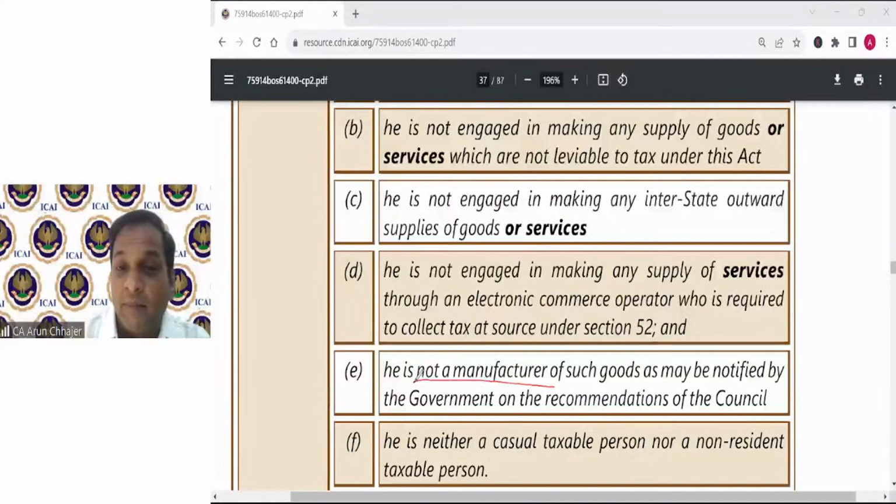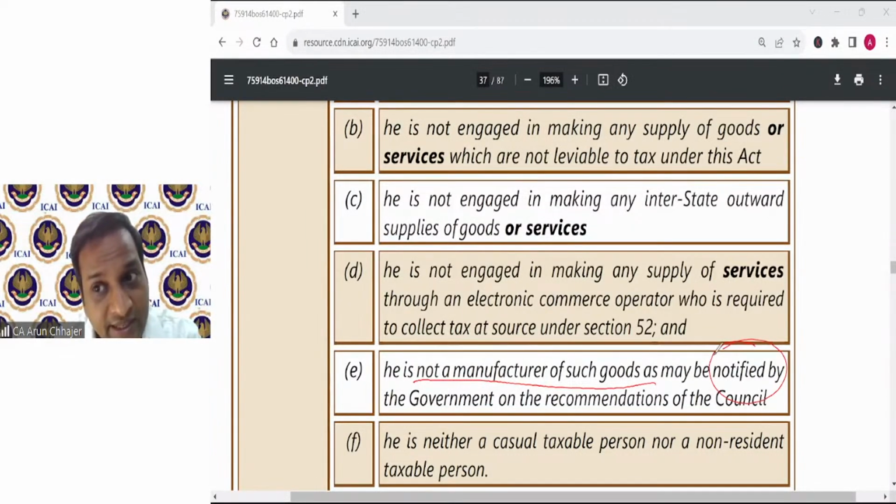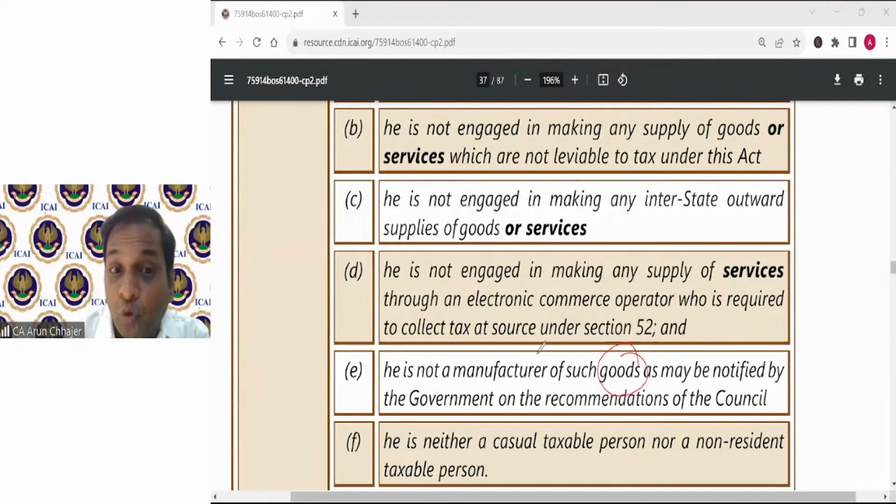He is not the manufacturer of goods as may be notified. So, is there any restriction? Answer is yes. For which categories of goods, we will discuss. But the problem is only for manufacturing: pan masala, ice cream, tobacco, and certain brick-related supplies.